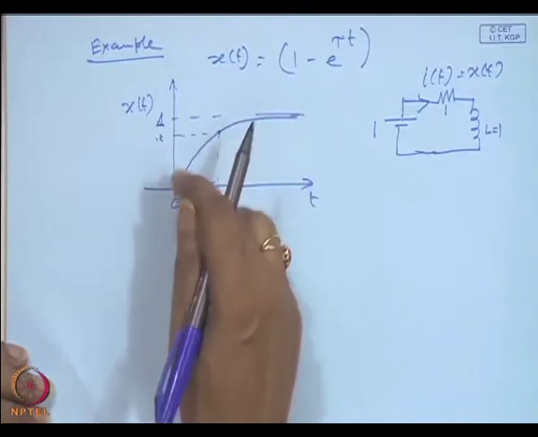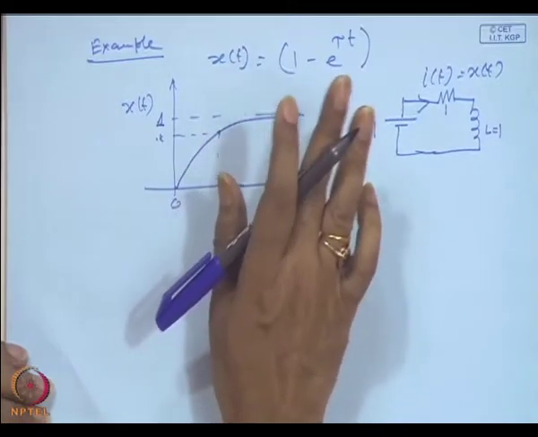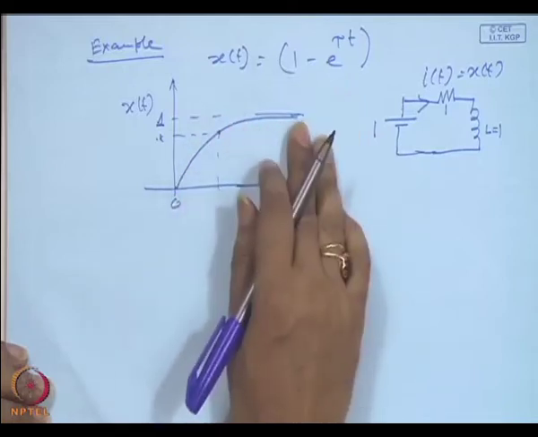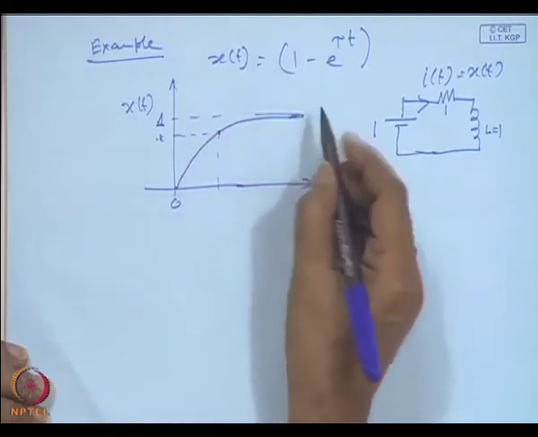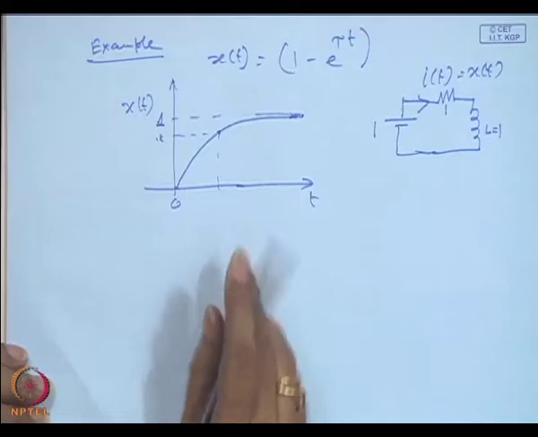So we cannot say anything about the maximum value, but the supremum of this signal is 1. It cannot go beyond that, so it is the tightest possible upper bound.